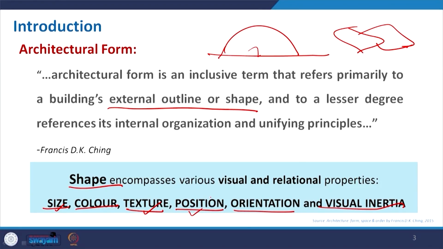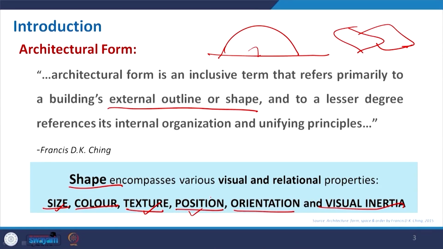Now, based on the position, how you place your forms one after another, how you make composition, that will give you a different sense. Orientation is again very important, not only for aesthetic purpose, but also sometimes to tackle the lateral load.